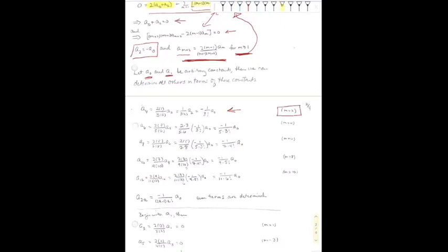So let me clean up some of the mess here. Let me put a nice box around my recurrence relation here. And now when I do that, what that's going to tell me is how to approach all of these down here. All right, so I can get A4 in terms of A2.